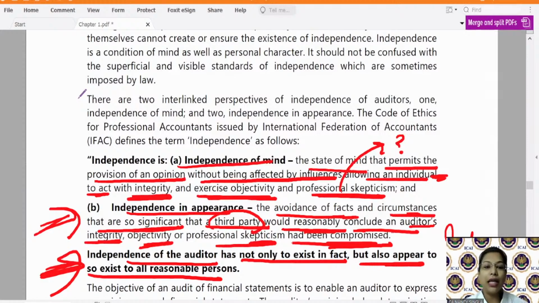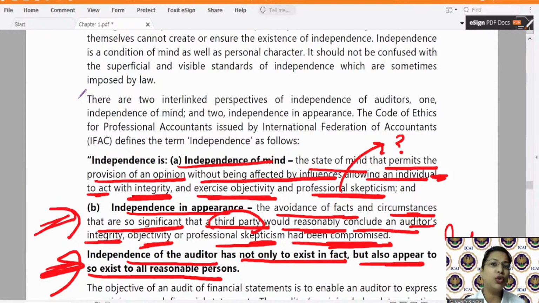Now, what is meant by independence in appearance? So it basically says that to a third party, the auditor should appear to be independent. The auditor should avoid the facts and circumstances that are so significant that a third party would reasonably conclude that an auditor's integrity, objectivity, and professional skepticism had been compromised.